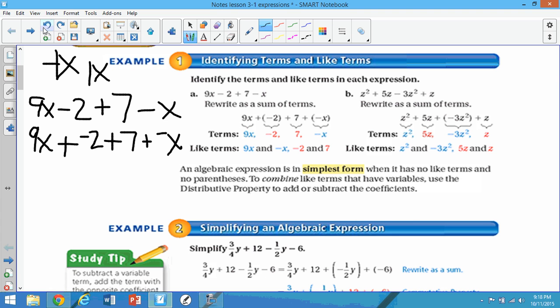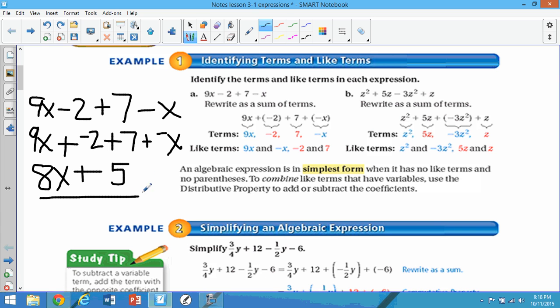So you have 9x plus a negative 1x. So 9 minus 1 is 8x. So that's 8x plus, and then a negative 2 plus 7 is 5, because the signs are different, we subtract. So our answer then is 8x plus 5.